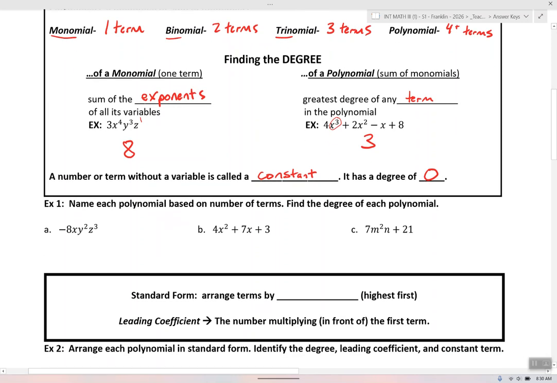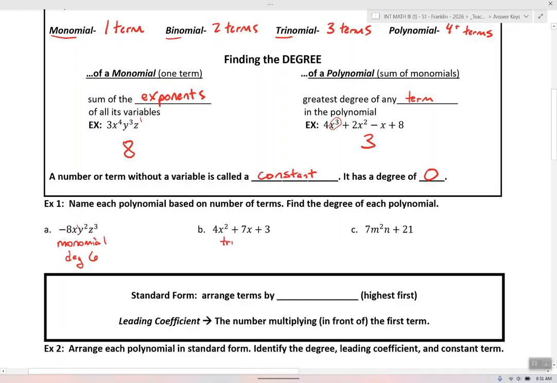So let's practice this. Let's name each polynomial based on the number of terms and then find the degree of each polynomial. Well, example A, we have one term, so it is a monomial. And it has a degree of 1 plus 2 is 3 plus 3 is 6. So its degree is 6. Example B, we have a trinomial.